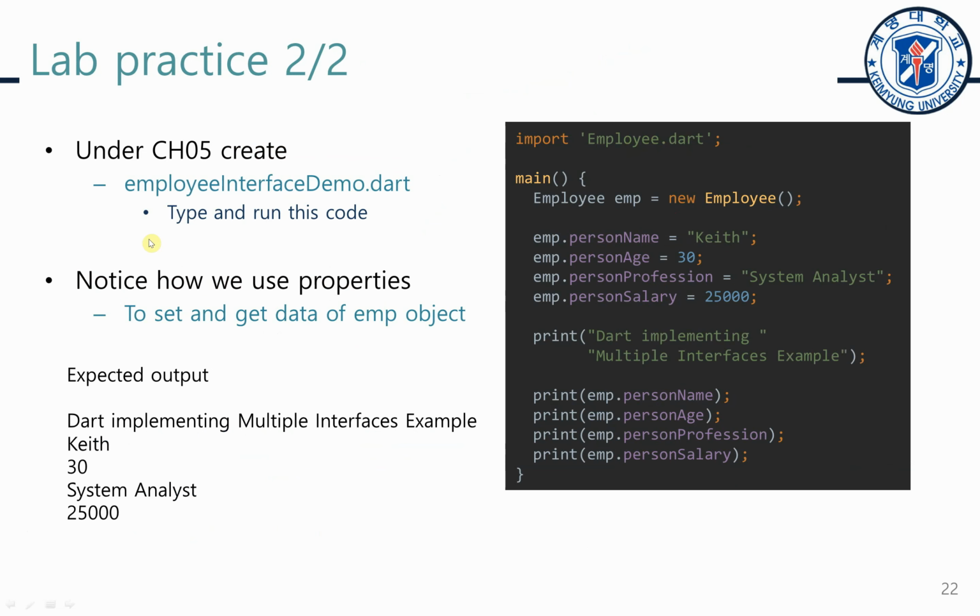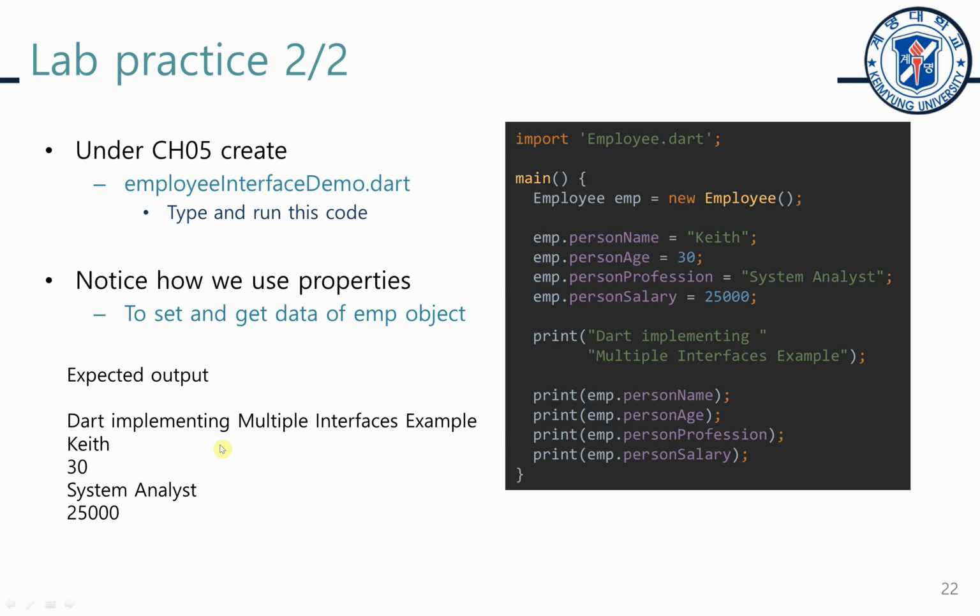And when you create a driver module or a test module like this, you can create an Employee object. You can set the behavior of that employee, and then you can print the behavior of that employee. So you can see that Dart implementing multiple interface examples.